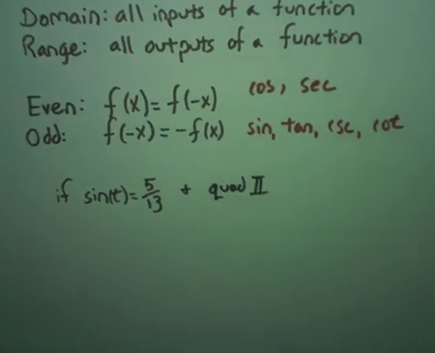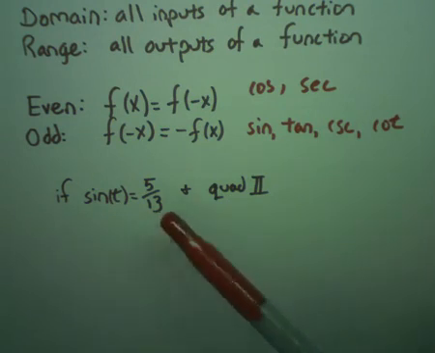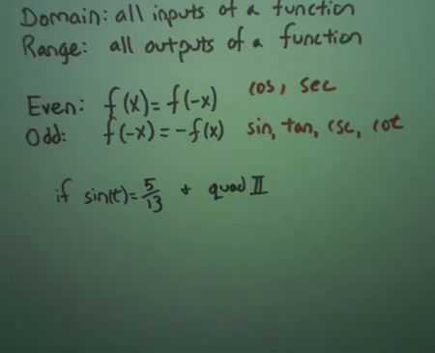The question there is going to be to find out the value of all the other 5 trig functions. And notice that 5/13 is not one of those points we have memorized, or that we're working on memorizing, around the edge of the unit circle. So it's not that we're just going to be able to look at the unit circle and figure out where we're at.